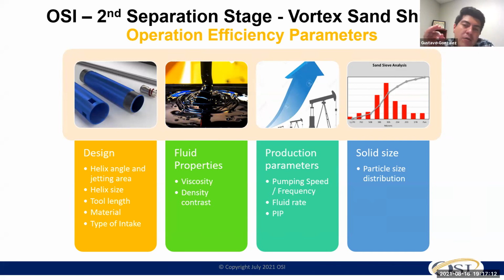Sometimes you don't have to have a tighter screen to filter those finer particles, because those finer particles are becoming more like chunks and are bigger due to the viscosity of the fluid, so maybe you can go with a wider opening and have the same effect of sand management without causing a premature failure.